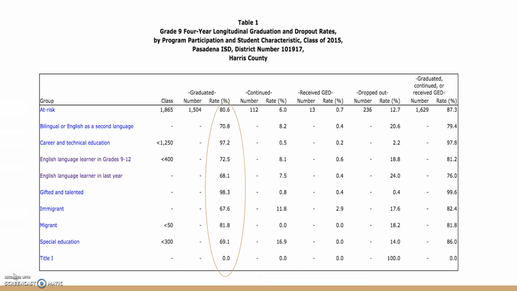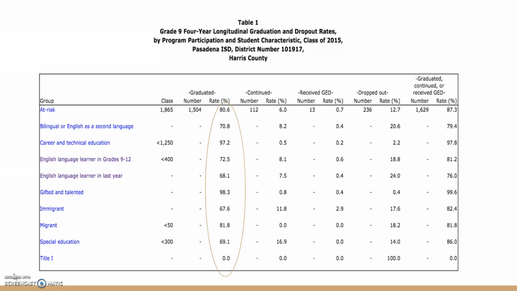So this is going to be the Pasadena ISD graduation rates, the longitudinal graduation rates. And you see here that you have the English language learners in grades 9 through 12. That's going to be 72.5%. And then the English language learners just from the last year is going to be 68.1%. It's going to be the graduation rate.